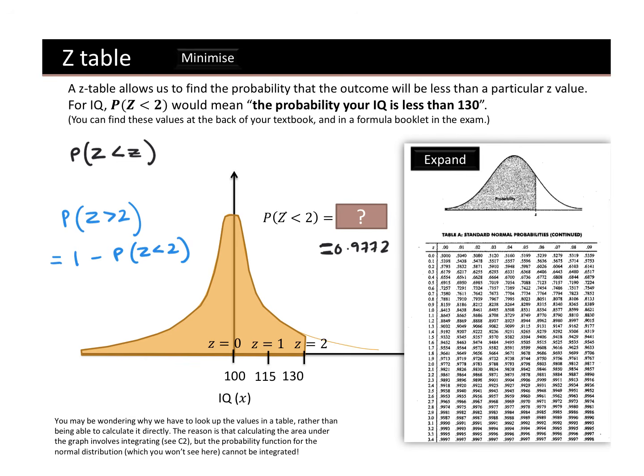Because if you think about it, if we want greater than 2, we just want this section. Now, our table doesn't tell us that, so we get creative. If we know all the area under the curve adds to 1, we want the right part of that tail. If we know from that point all the way to the left is 0.977, how am I going to find the other bit? I just do 1 minus.